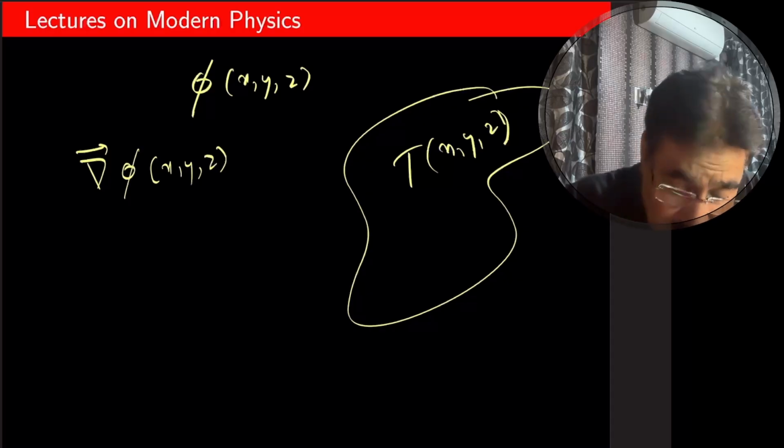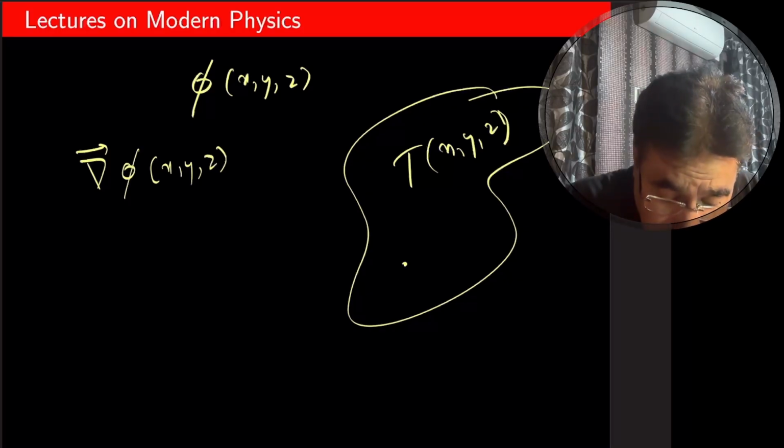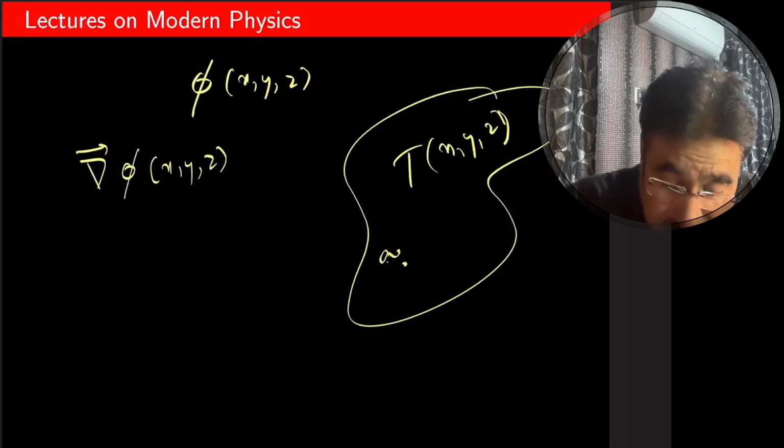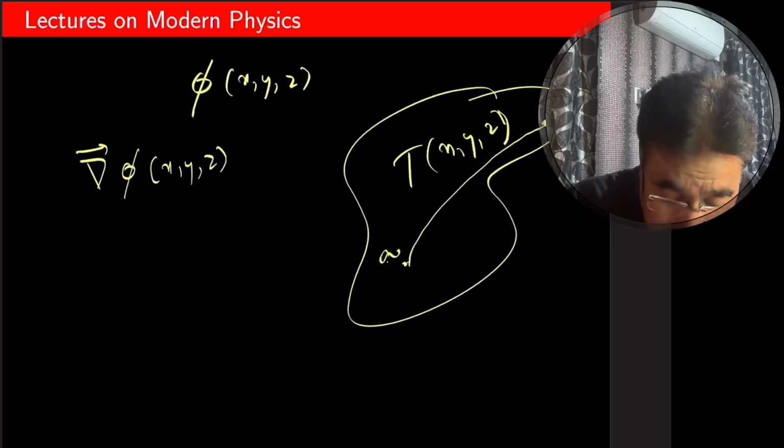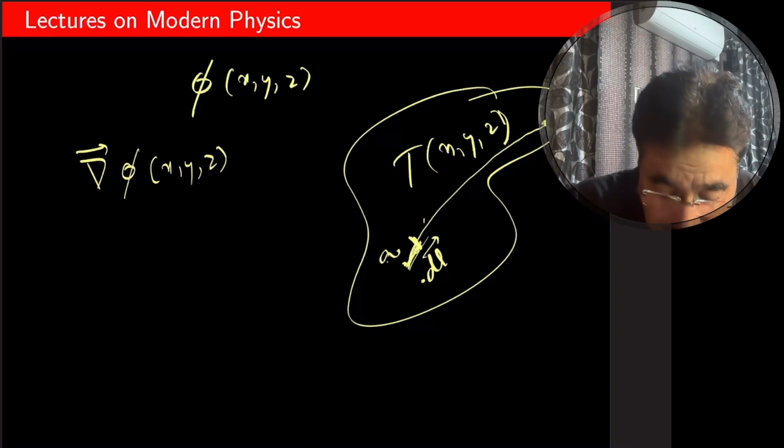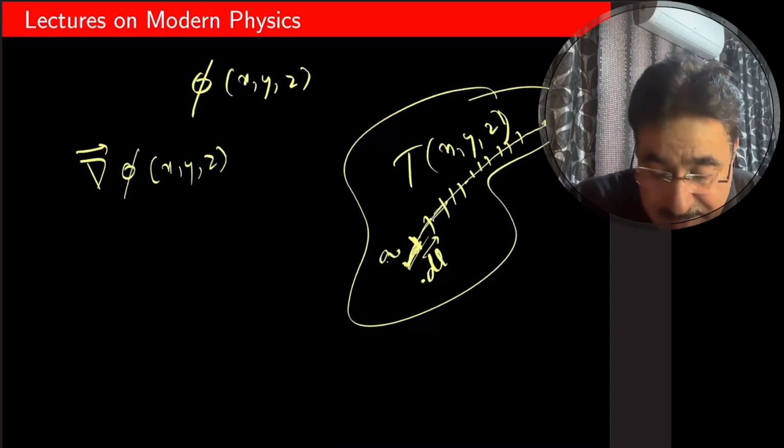Now I take a path, say there is a point A here, and there is a point B here. I want to integrate this gradient along this path. So I will calculate the gradient of the field from here to here, and then multiply with the dl vector. I will take the projection of the gradient in that direction, and keep calculating this dot product and keep summing it, right?